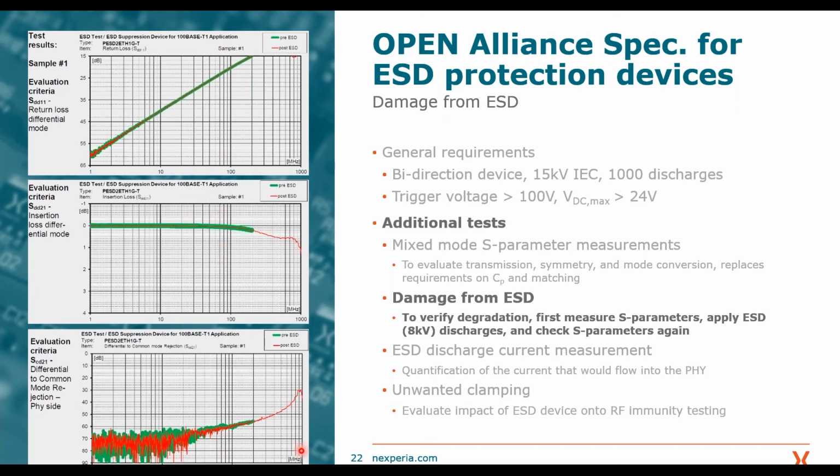You measure it on your device, then you apply ESD, 8 kV, 20 discharges, 10 plus and 10 minus, and afterwards you measure the scattering parameters again. The target here is also very tough. You are not allowed to deviate at all.